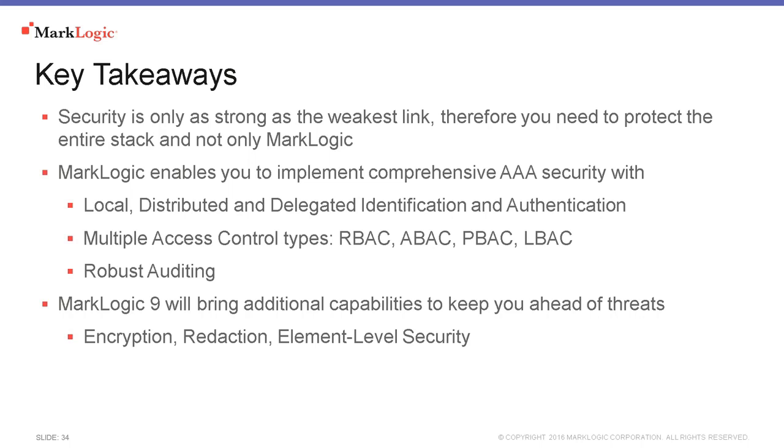You will have track records of everything that is happening. And as I mentioned, we are improving security across many features here in MarkLogic 9, help you deploy in the cloud more securely, help you comply to regulation, and help you accelerate how you provide data to developers or partners.